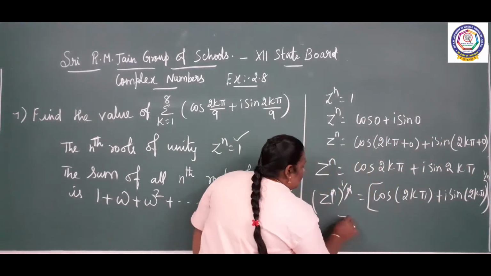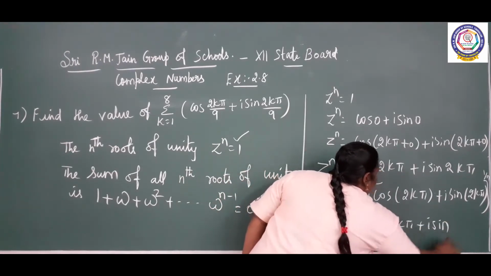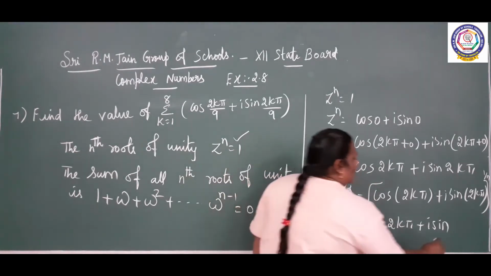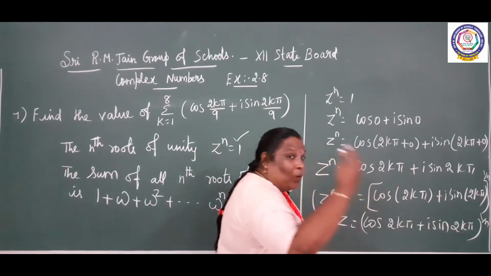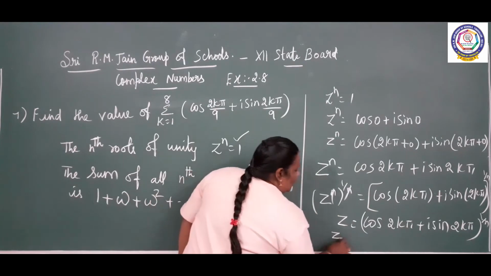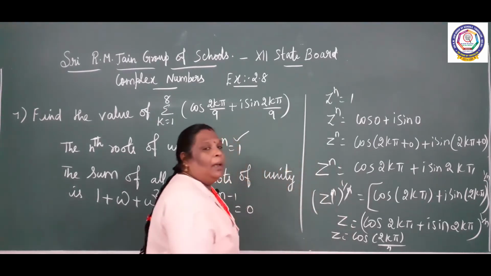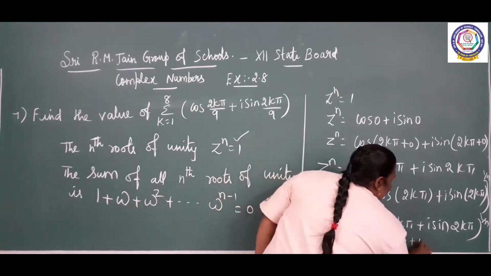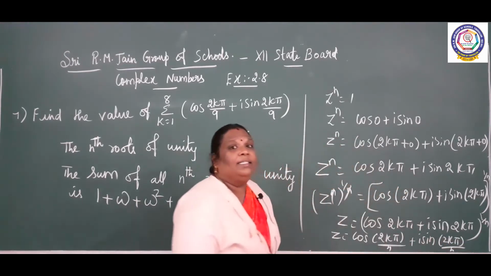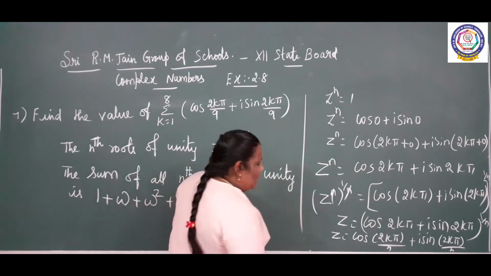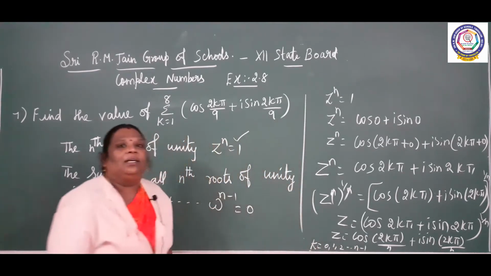Z equal to cos 2k pi plus i sin 2k pi, whole power 1 by n. I bring the 1 by n inside. What value am I getting? Z equal to cos of 2k pi by n plus i sin of 2k pi by n. K can take the values 0, 1, 2, etc. up to n minus 1.